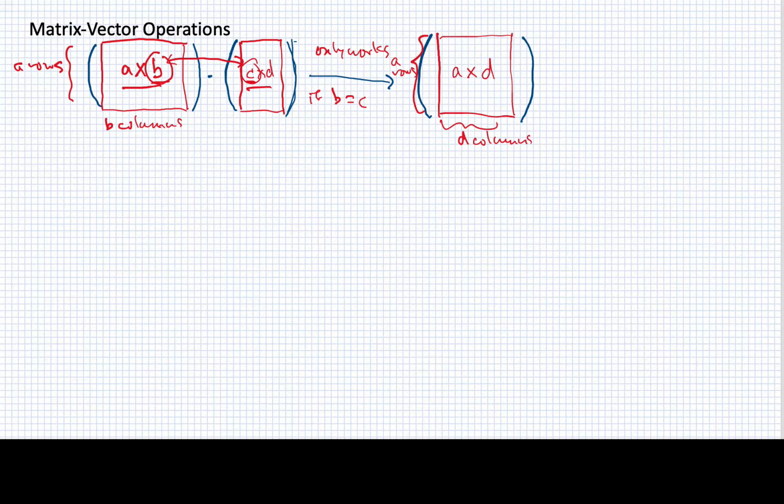So let's do this. Just to illustrate this, I'm going to show you the multiplication of a 3 by 3 matrix, and I'll just make some numbers up here. Doesn't matter what we use, so there's no ulterior motive in these numbers, in case you were wondering. And I'm going to multiply by a 3 by 1 matrix.